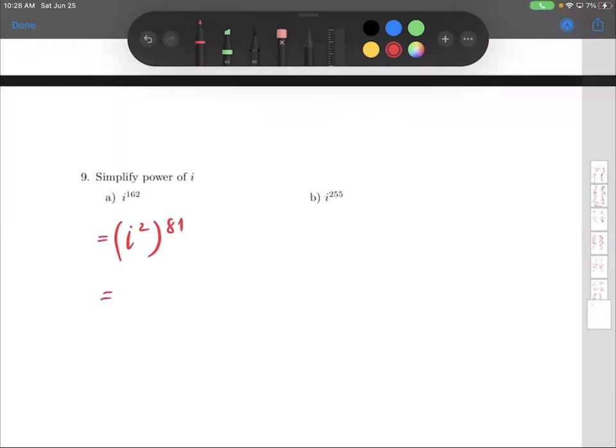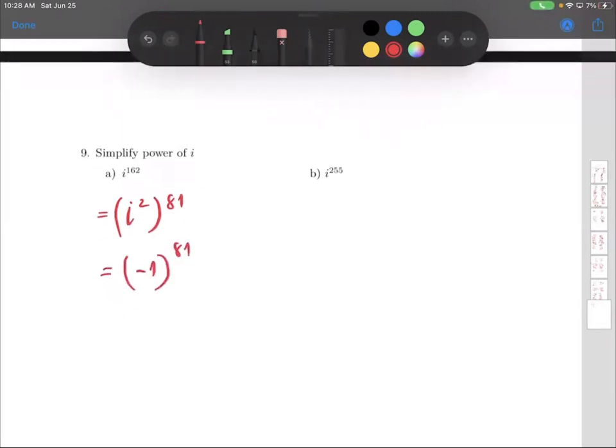We know i squared is negative 1 to the 81 power. Well, negative 1 to the odd power is going to be negative, right? So the final answer is negative 1.